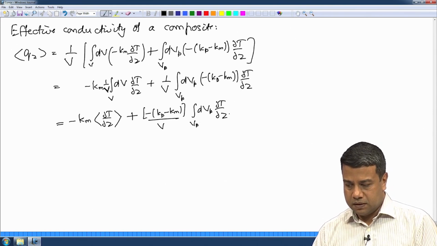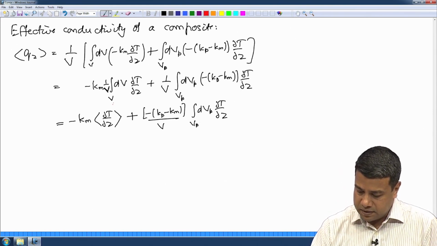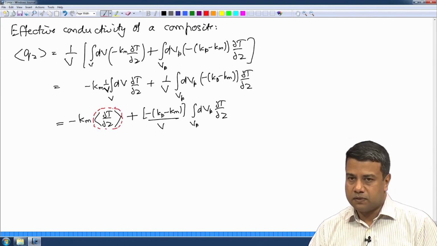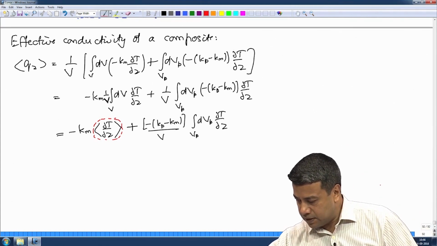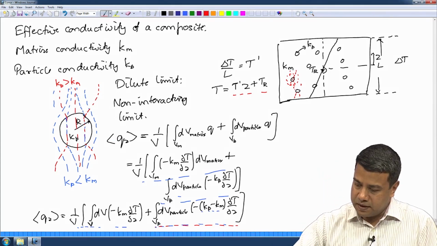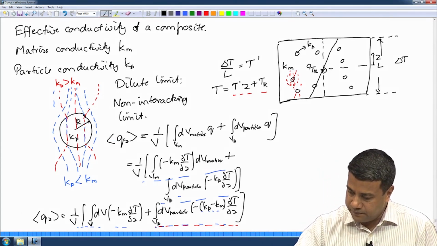Now, this first term has this average thermal gradient, which has to be equal to the imposed temperature gradient. This is the average temperature gradient over the entire volume.